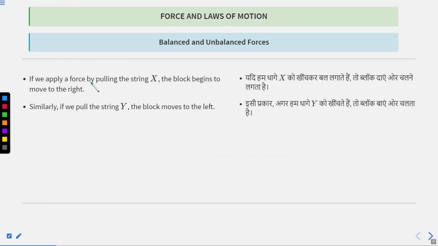If we apply a force by pulling the string X, the box will begin to move in the rightward direction. This is the block, this is the string X and this is the string Y.